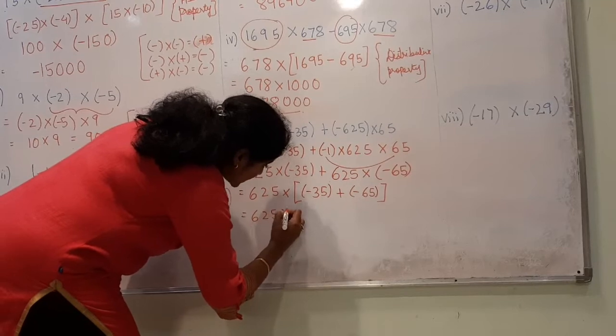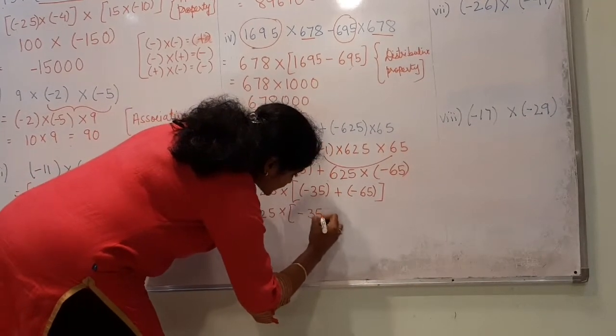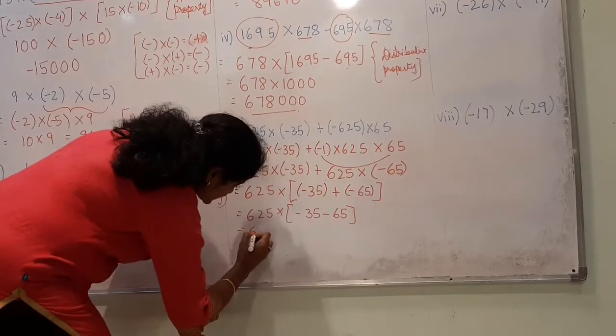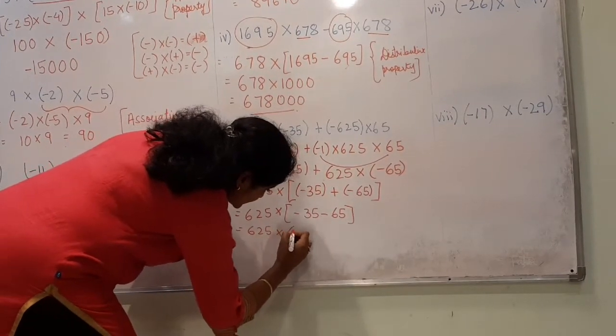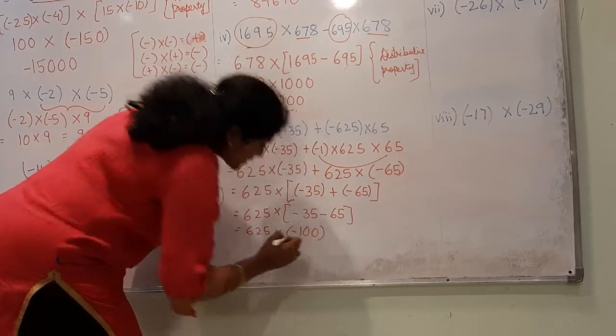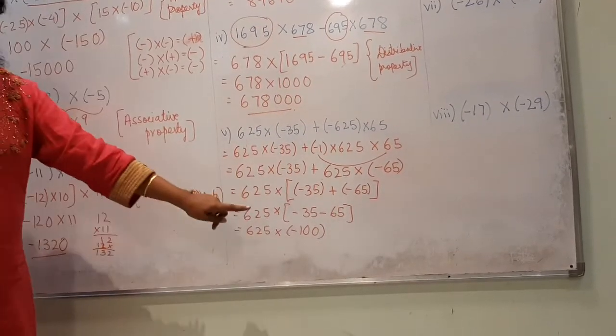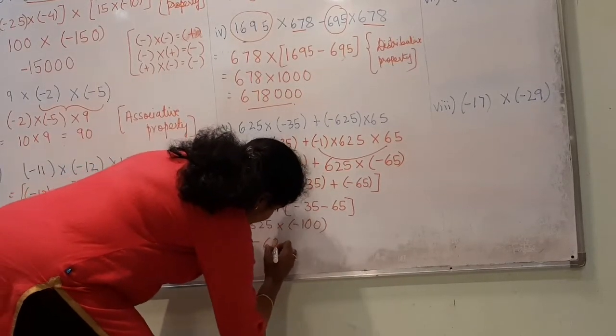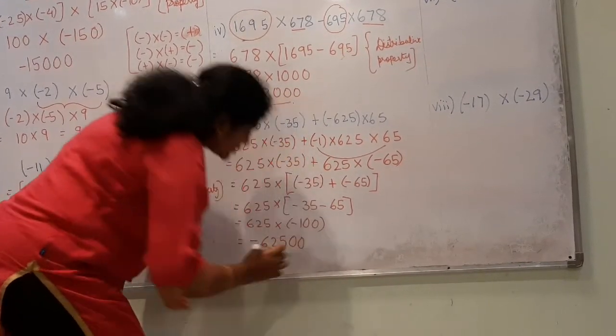This will be 625 into minus 35 plus minus is minus 65, so minus 35 minus 65 is minus 100. The answer will be minus 62500.